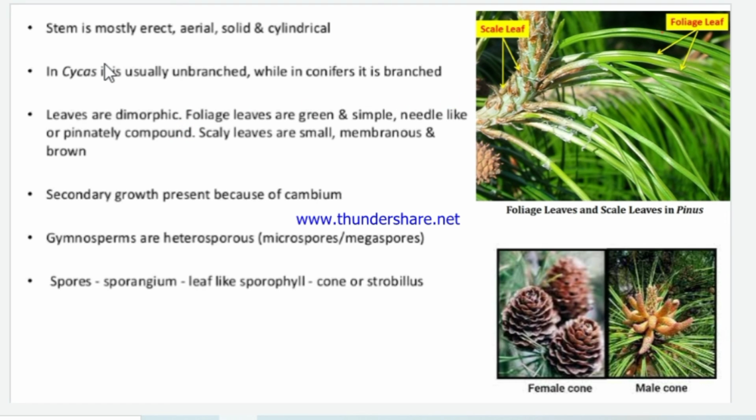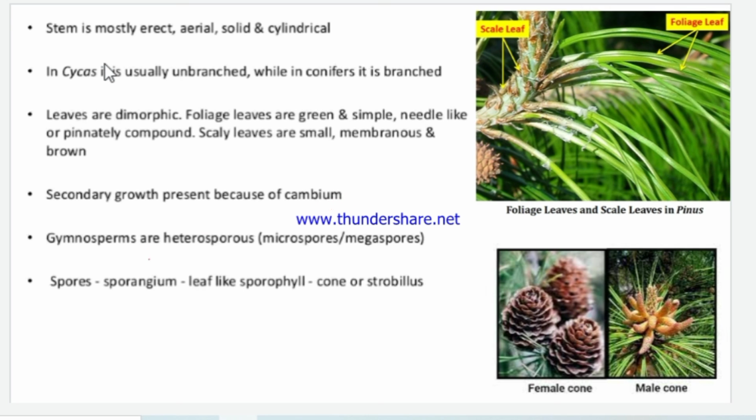One is known as the foliage leaf, which is green, simple, needle-like or pinnately compound, and the second type is known as the scale leaves, which are small, membranous and brown in color. See, the distinct structures of the leaves are quite visible here in this picture. These small ones are the scaly leaves and the larger green ones are the foliage leaves. Secondary growth occurs in gymnosperms because of the presence of cambium.